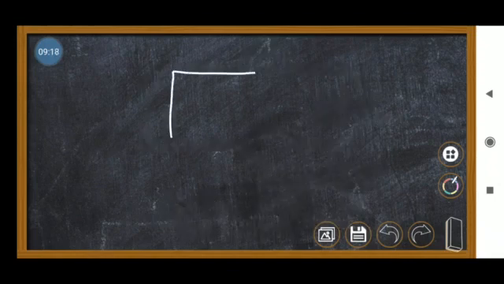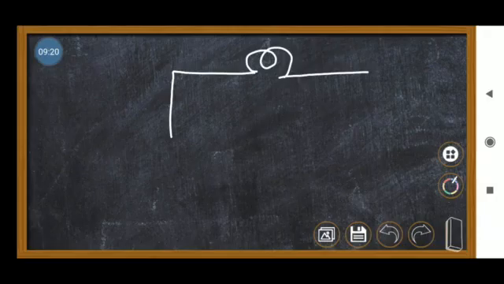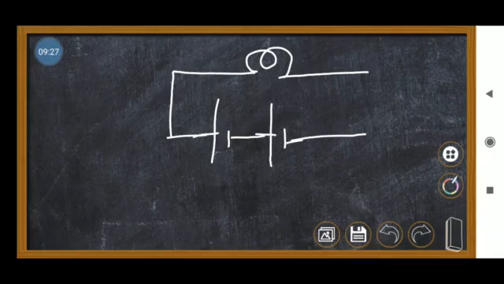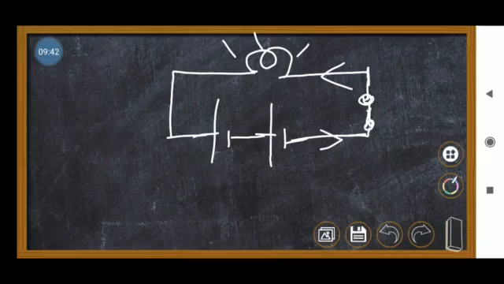Same way you take the bulb, here is the battery, and here you connect the switch. Now once you close the switch the current flows, so the bulb glows. This is the basic concept you studied in your previous class. Anyway, we will come to today's class.